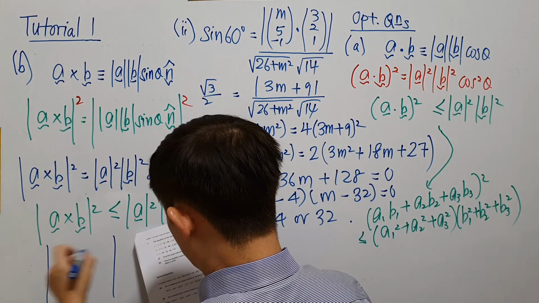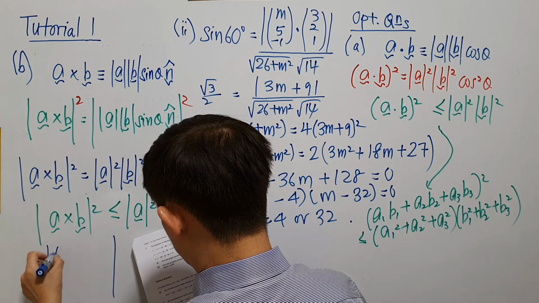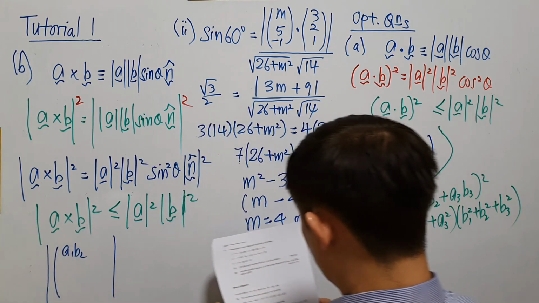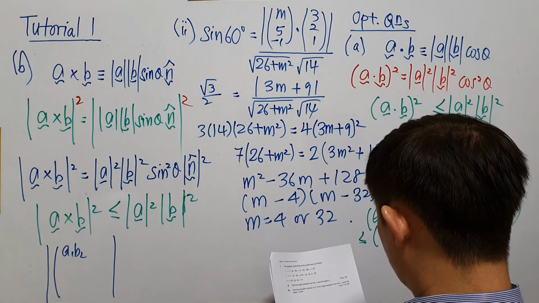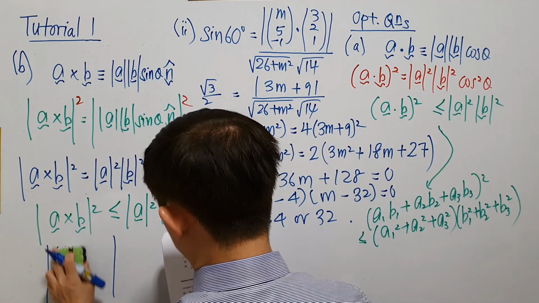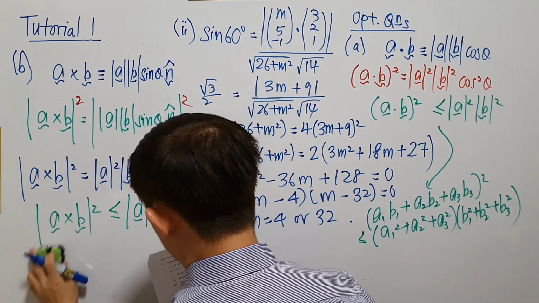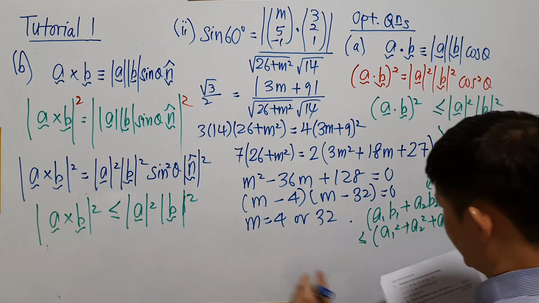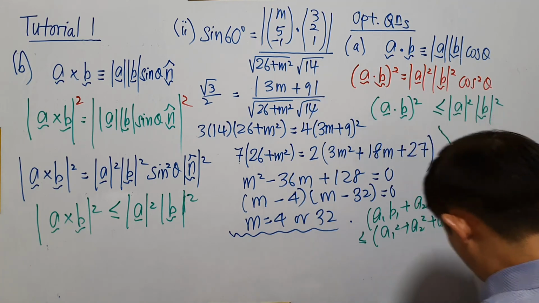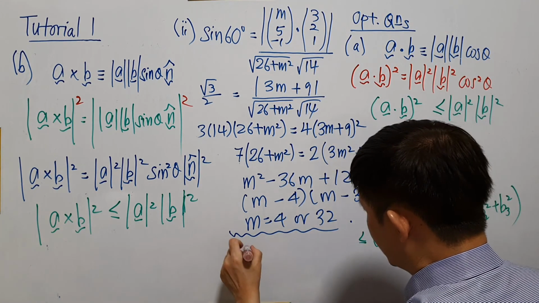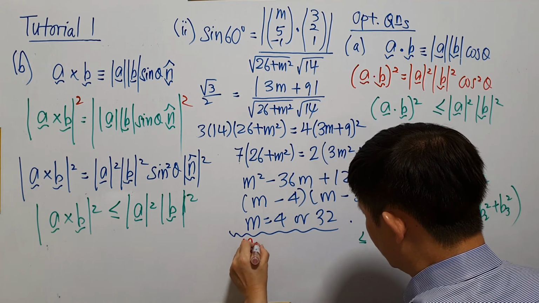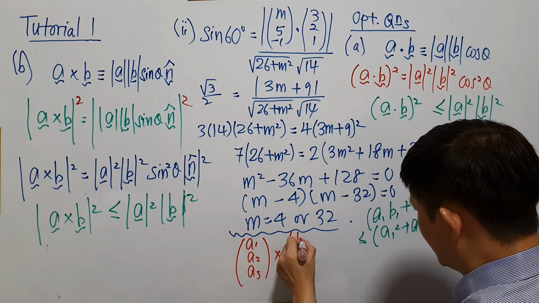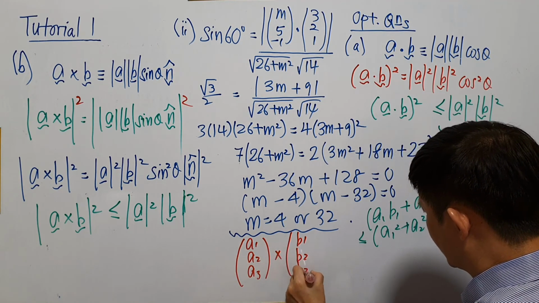Okay, if you cross product A and B, which is A1, A2, A3 cross product with B1, B2, and B3.